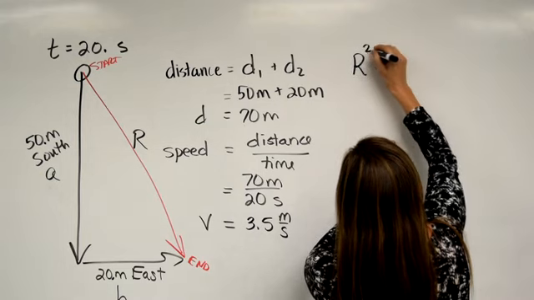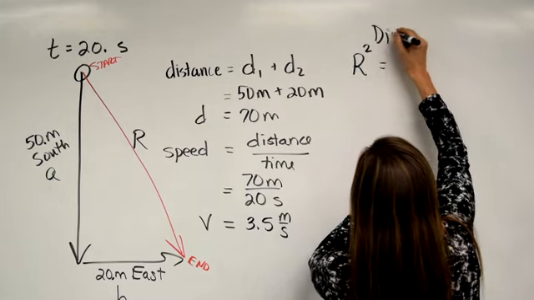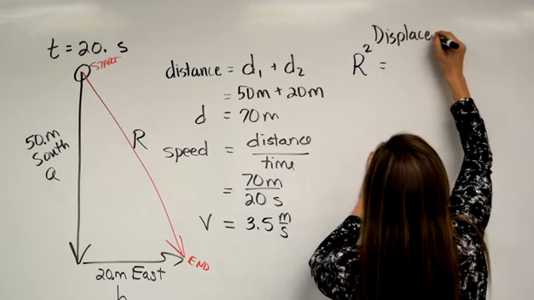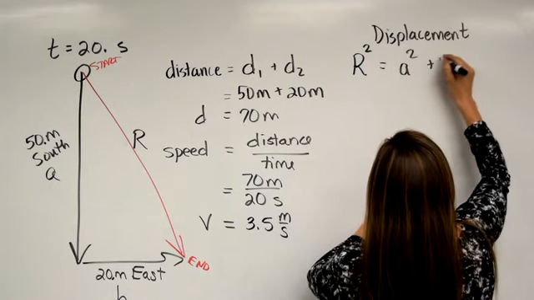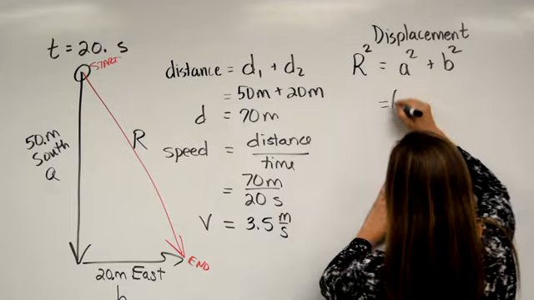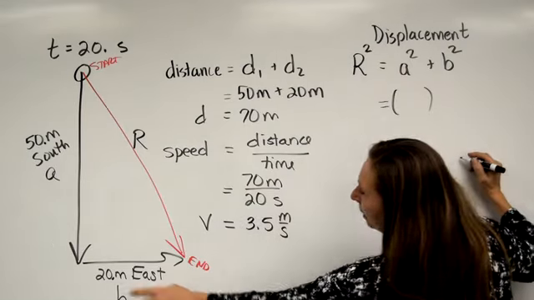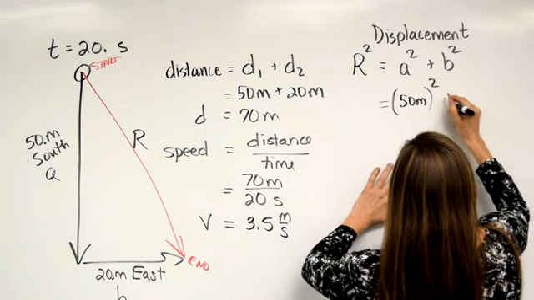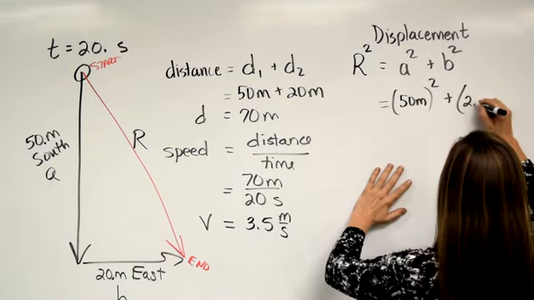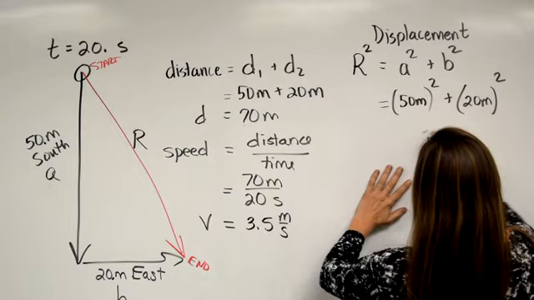So r squared, this is for displacement. r squared is going to be a squared plus b squared. A will be 50 meters squared. B is 20 meters squared.